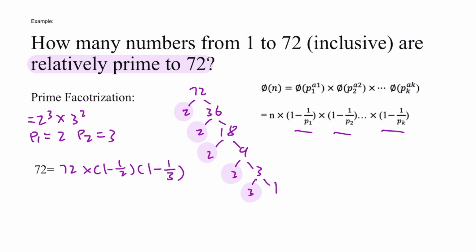And so this gives us 72 times 1/2 times 2/3, and that gives us 24 numbers from 1 to 72 inclusive which are relatively prime to 72.